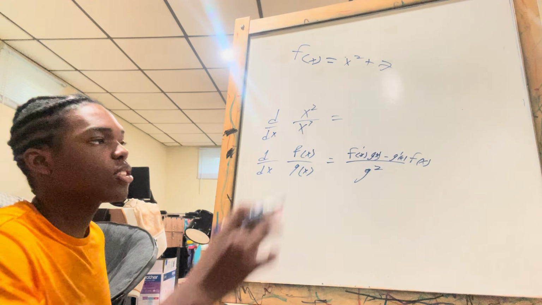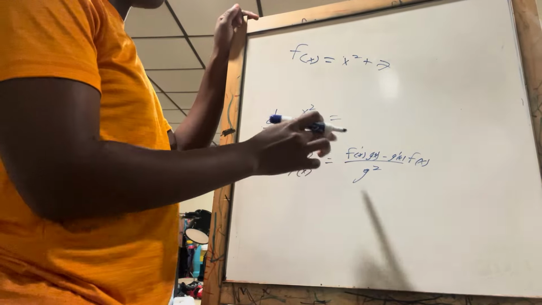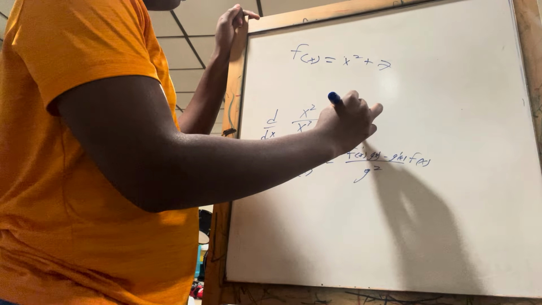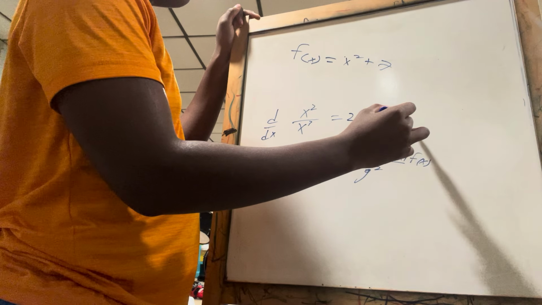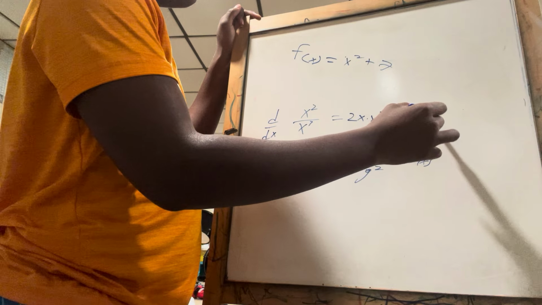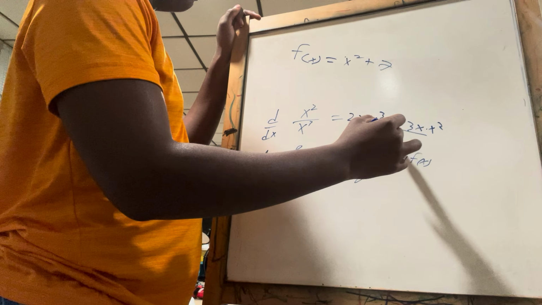So x squared over x cubed equals the derivative of x squared, which is 2x, and then times x to the third, minus 3x squared times x squared, all over x to the 6th.